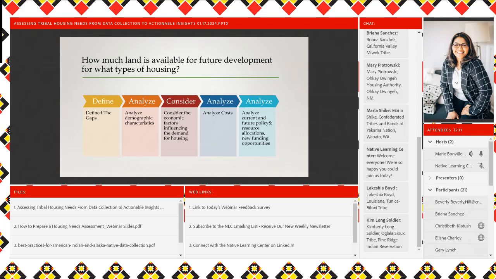And then, of course, what do my current funding sources look like? What do those policies and procedures look like as far as allocating additional resources, leveraging those resources, right? Sometimes it sounds great when you've got IHBG funds dedicated and ICDBG, if you're lucky enough to have been awarded, and also low-income housing tax credits, and you've got all these different funding sources available to you.